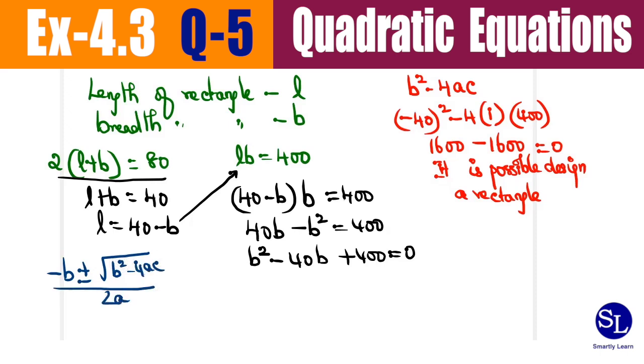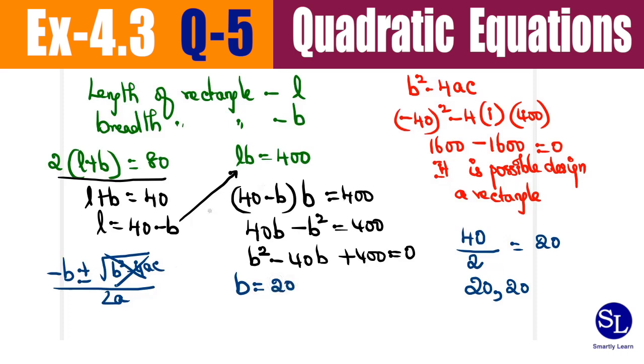See, this b squared minus 4ac, I already computed it to be 0. So I'm going to remove this part on substitution. So minus b is minus of minus 40. So this is plus 40 divided by 2 into a, which is 2 into 1. So 40 divided by 2 is 20. So realistically, the solution is 20, 20 because we expected it, right? Real and equal roots. So the breadth of the rectangle B is equal to 20.